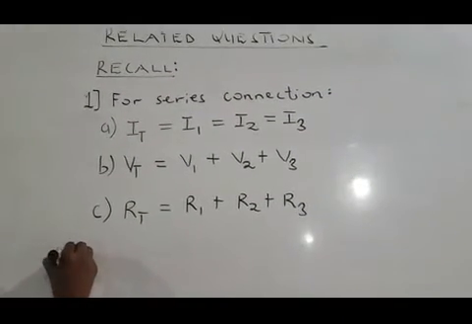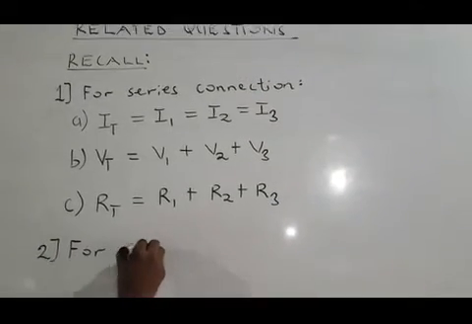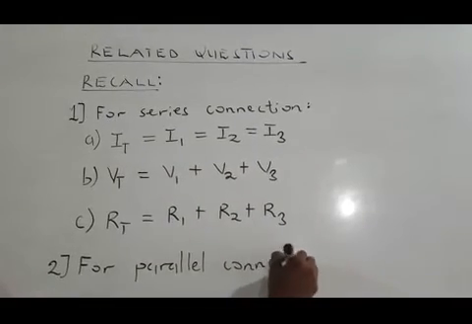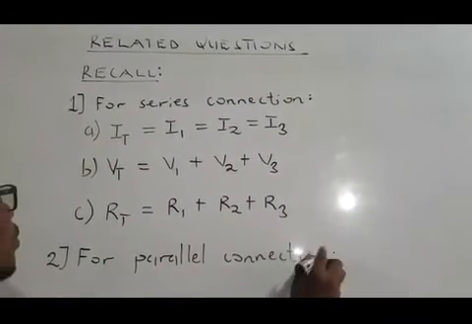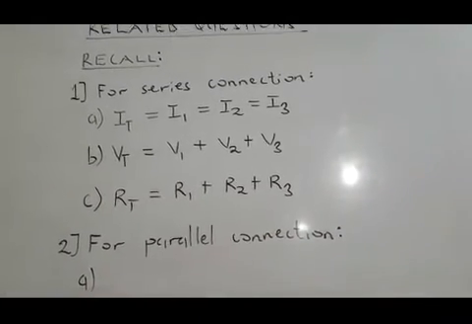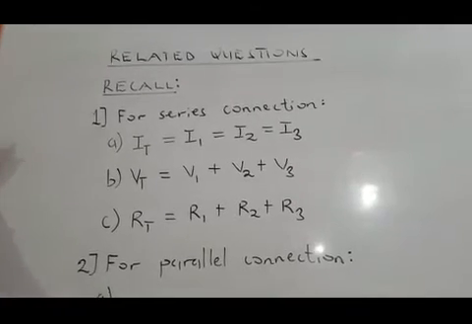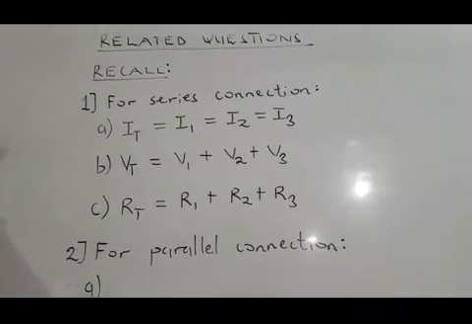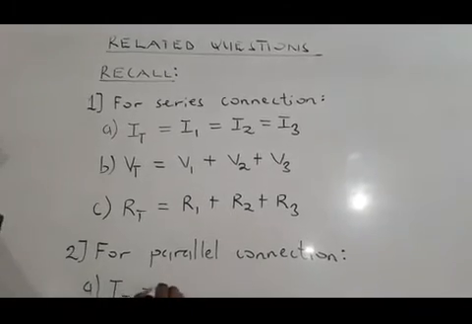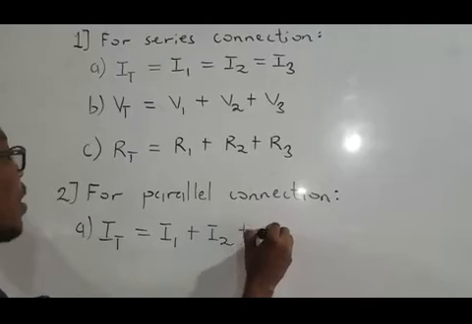And also for parallel connection, in terms of current, the total current is the sum of the individual currents flowing through each of the resistors. So the total current IT is equal to I1 plus I2 plus I3.